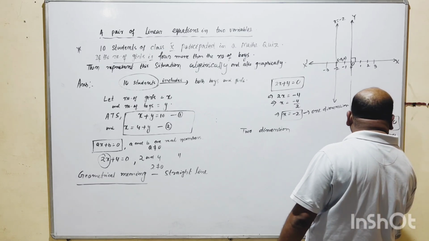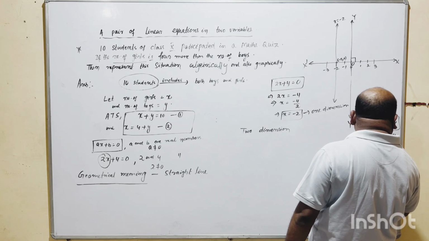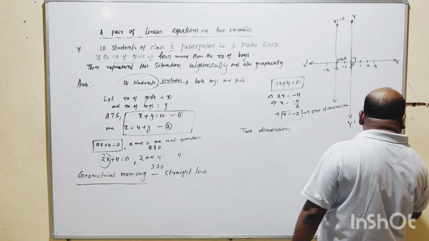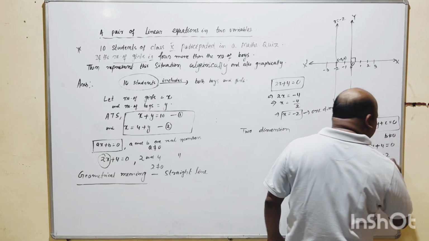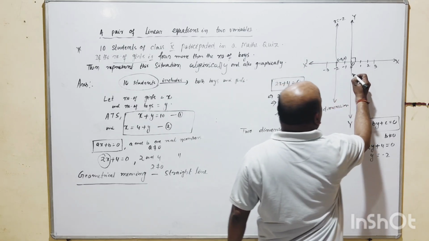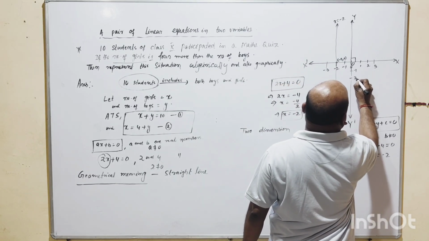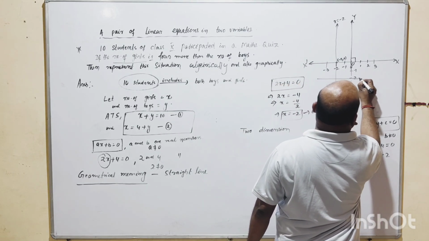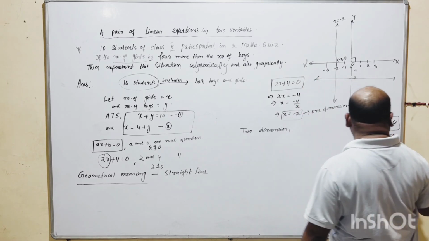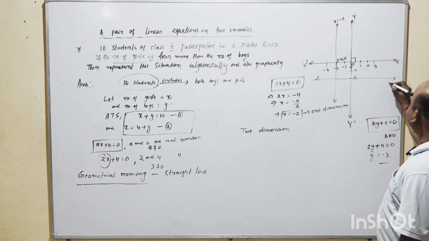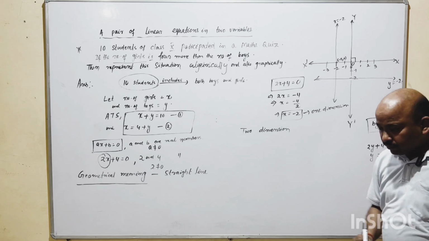Suppose I write 2y plus 4 equal to 0. So y is equal to minus 2. This is minus 1, this is minus 2. If I represent it in two dimensions, this is y is equal to minus 2.